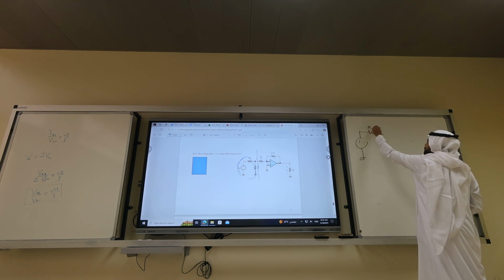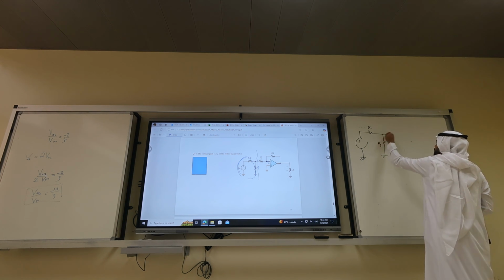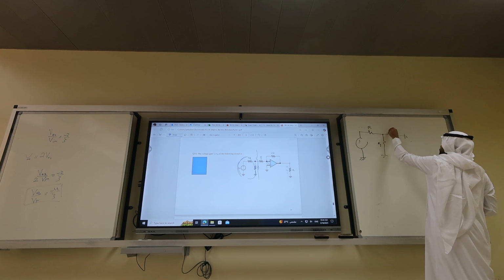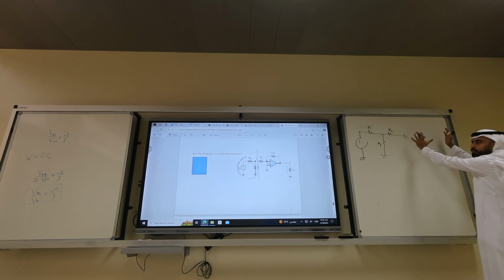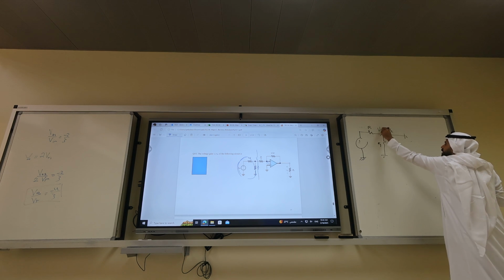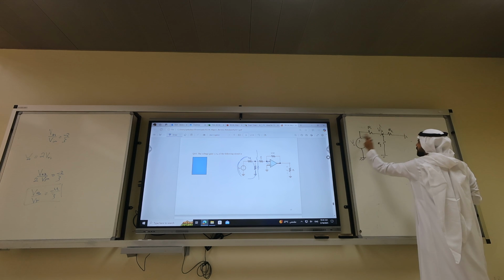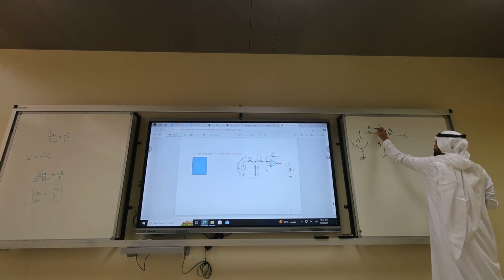R, here we have R over 2, here we have R over 2. I know here is the op amp, but my goal is to find this to be V input prime. This is V input. If I know V input prime, it's very easy.